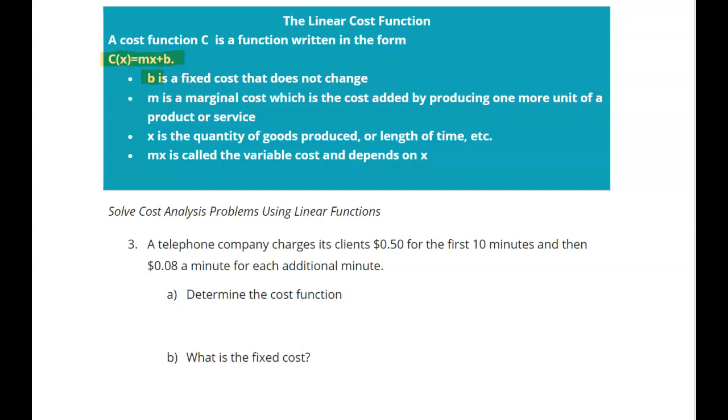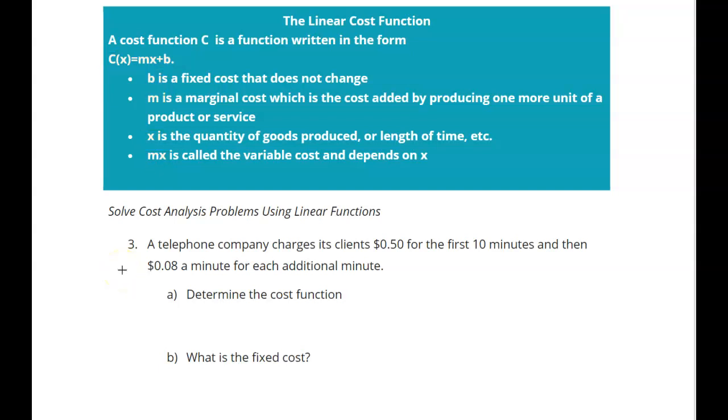And m, which is the slope, is the marginal cost, which is the cost added by producing one more unit of the product or service. And the x here is the quantity of goods produced or length of time, etc. So x is the input. And mx, the first term here, is called the variable cost and depends on x.